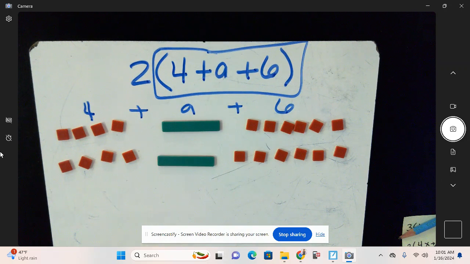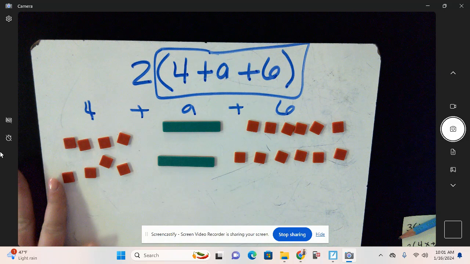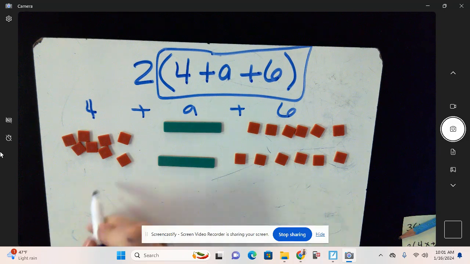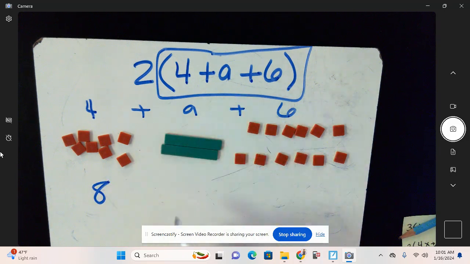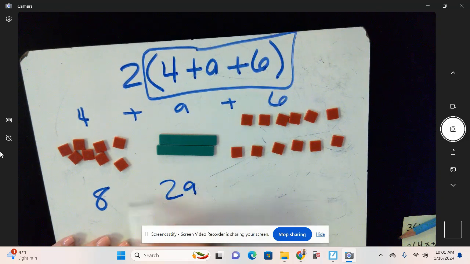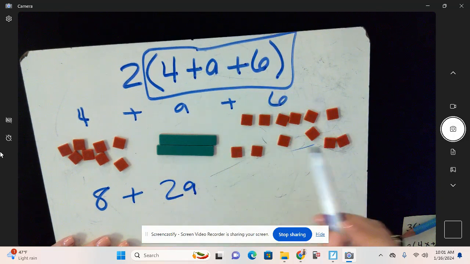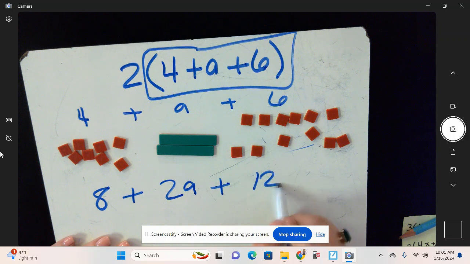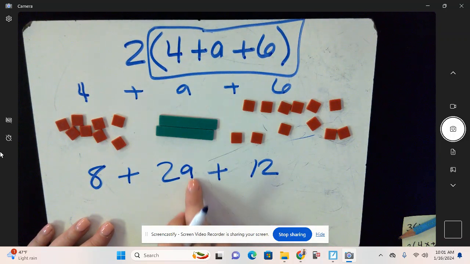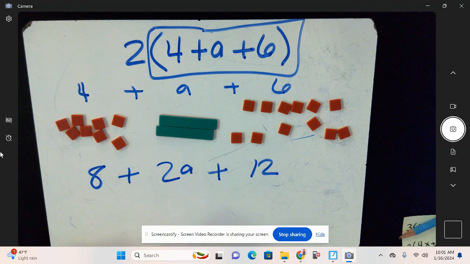Right? So if I put these together, how much is that? 8. And if I put these together, it's 2A. And if I put all of these together, it'd be 12. Can we go any further? Can we put anything else together? Well, you can put the 4 and the 6 together.